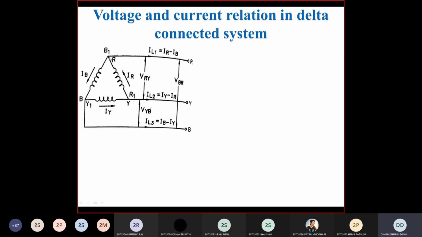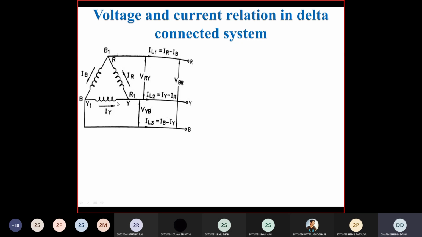You can remember it this way. Suppose you apply KCL at node B1. What is the incoming current? IR. And what is the outgoing current? IB. Clear? So the current flowing into this line is the incoming current minus the outgoing current. So IL1, the current flowing into line 1, is IR minus IB.